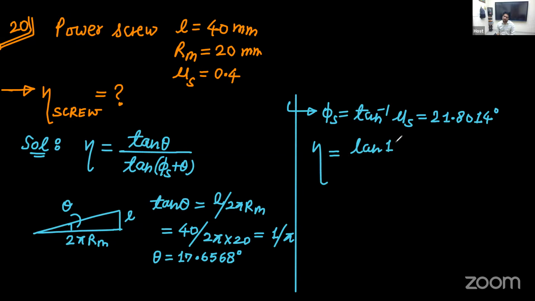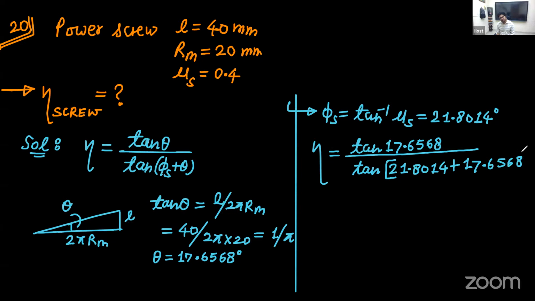Efficiency will become tan 17.6568 upon tan of (phi s plus theta), that is 21.8014 plus 17.6568. Now you calculate this value and report what exactly you are getting.